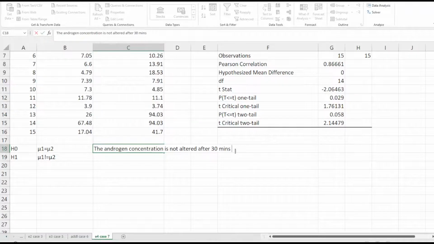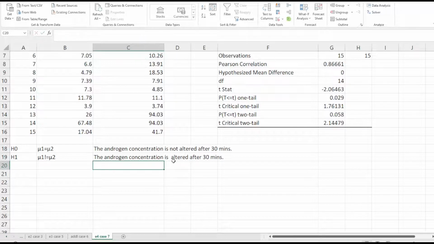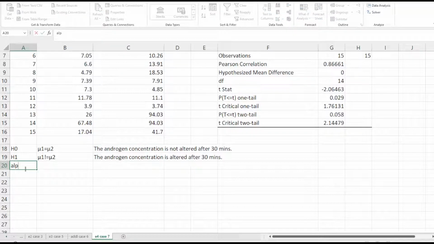As simple as that. Tapos, dito naman, the androgen concentration is altered after 30 minutes. So again, parating yung H1 is the logical complement of H0, no? Okay? So, ito, status quo, ito yung ina-assert natin. So, we have H1 and H0, and we set an alpha value. For the problem, we set it as 0.05.